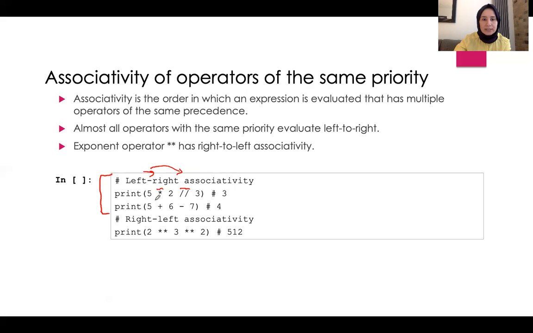You do the multiplication first, and then the float division. In another example, again, we have an expression with operators of the same precedence. This has to be done first, and then the next one, from left to right. You will get the same results. This is how you can do it.